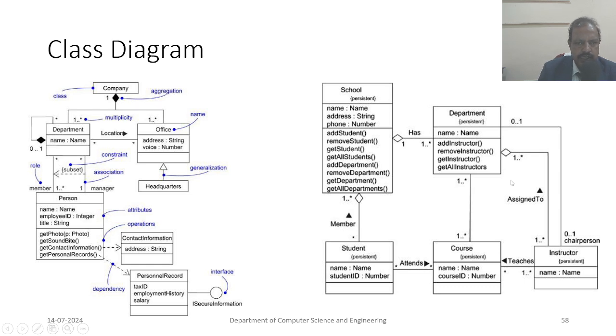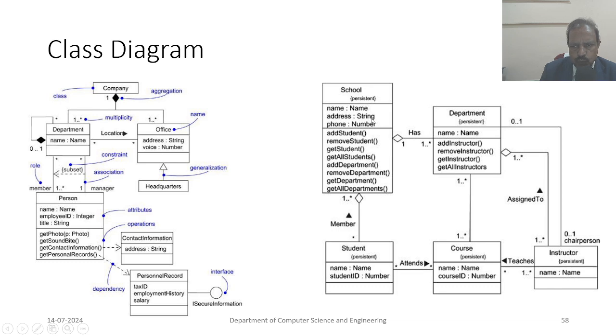Another example of a class diagram I explain here. Suppose I go for school, student, course, instructor, and department. You can clearly understand School is the name of the class, and in the attributes, the data type for name and address is string, and phone is number, something like that. The operations are get students, get all students, add department, remove department, get all departments.